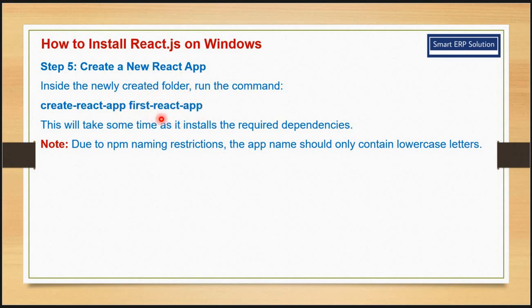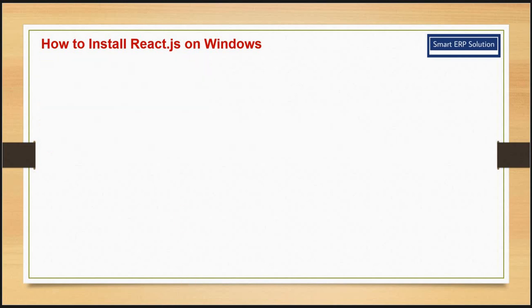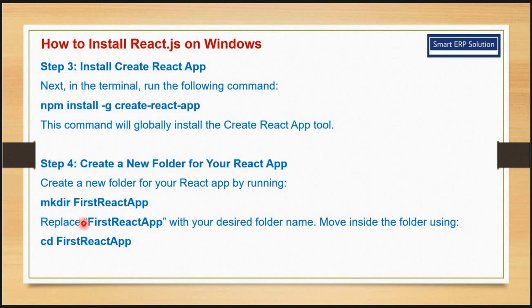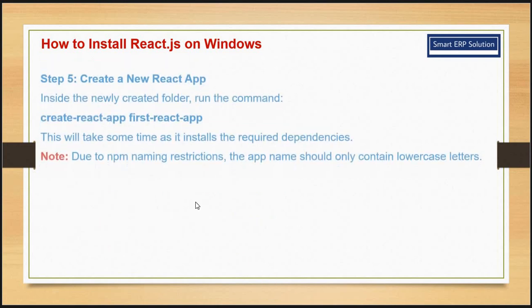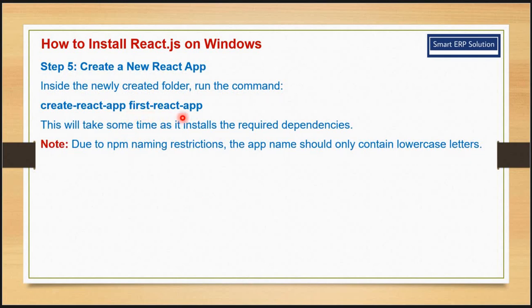This will also be a folder which will be created under your newly created folder. In the previous slide, this is the folder name and this is the app name. Under this folder, this app will be created. You can write anything of your choice, but all the letters should be lowercase. This is the rule.